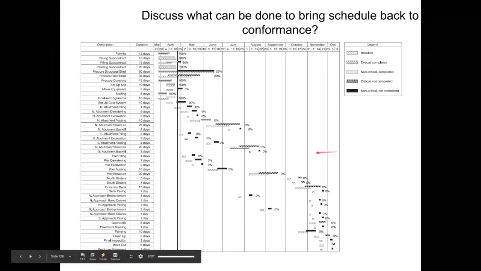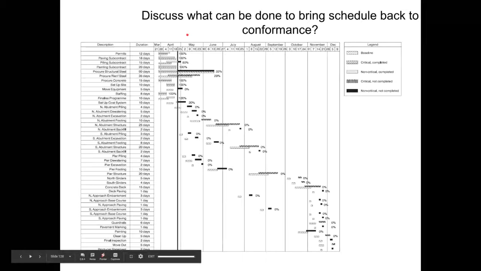This is an output from an actual construction project, and a typical project could have up to 100 or even more activities, and it may require some magnifying glass to look through these activities.